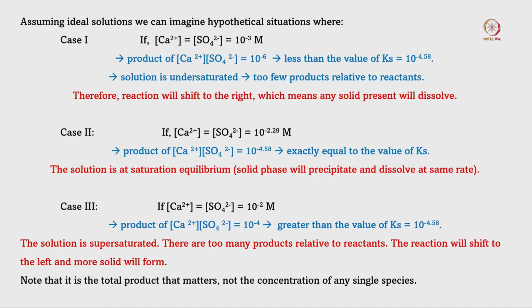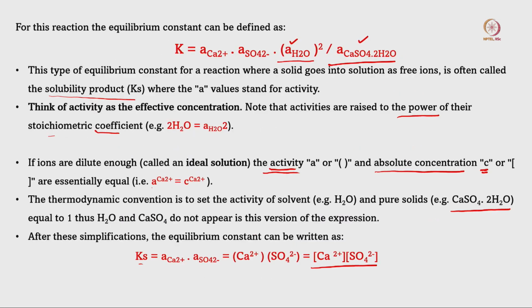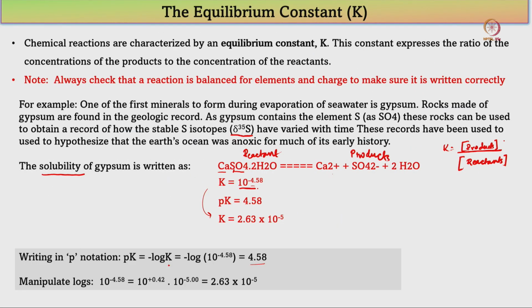So, first case: the calcium concentration, which is also equal to the sulphate concentration, is equal to 10 to the power minus 3 moles. The product therefore becomes 10 to the power minus 6. Now, this is less than the value of Ks, because we have already seen that Ks is equal to 10 to the power minus 4.58.